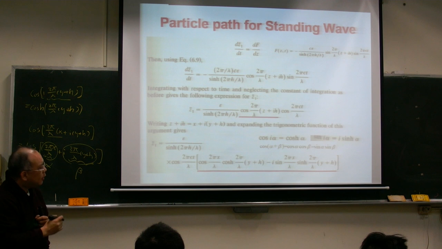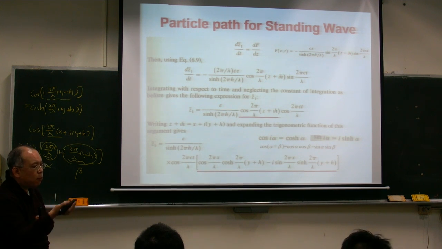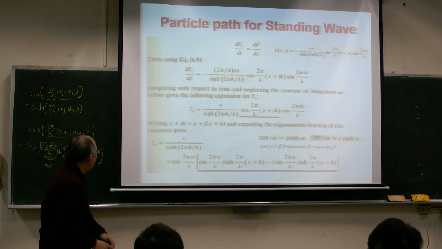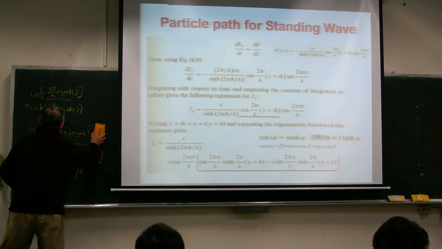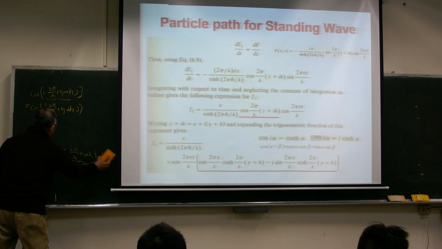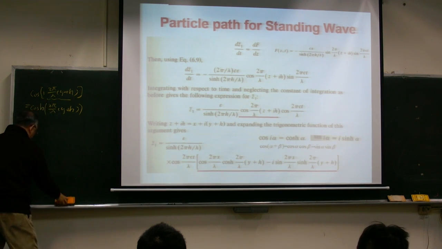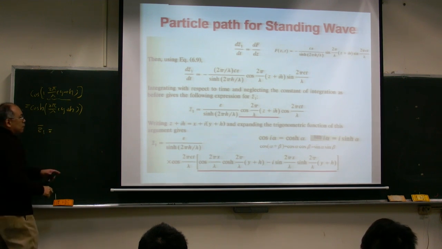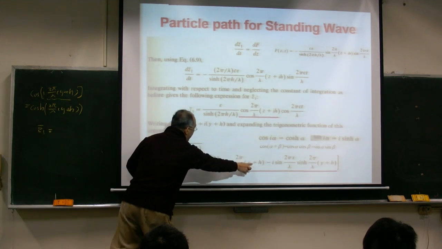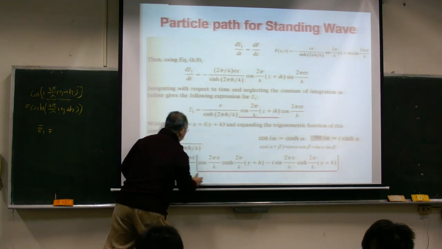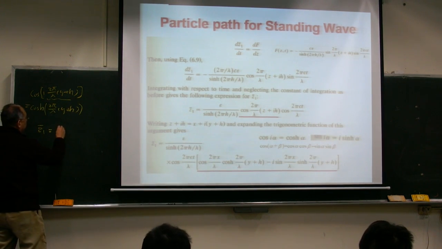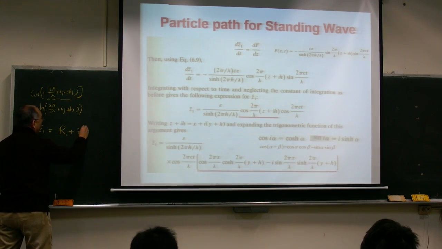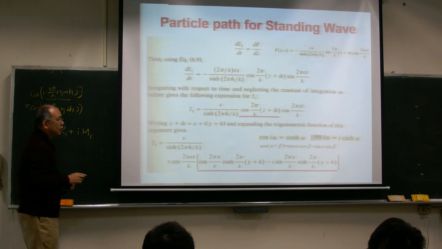And we write this z1 bar in what? In polar coordinates. What do we mean by polar coordinates? We can write it right now. We have z1 bar equal to, for example, this is our real part, this number multiplied by this number, which I'll call R1, plus i M1.